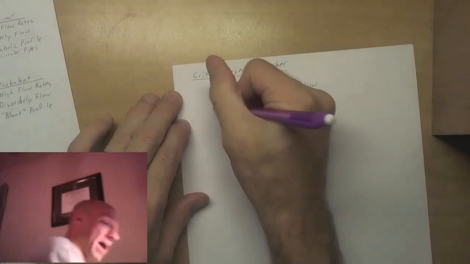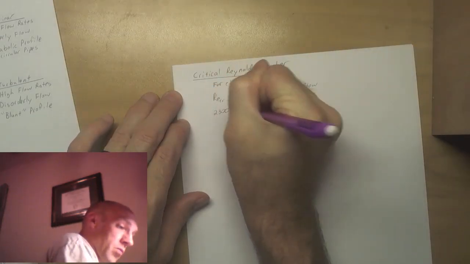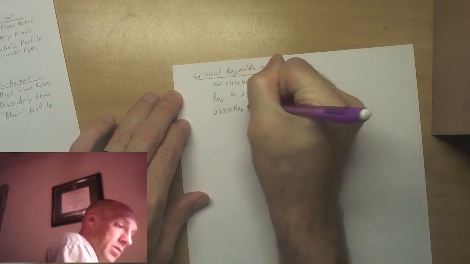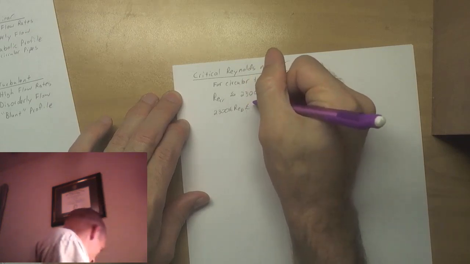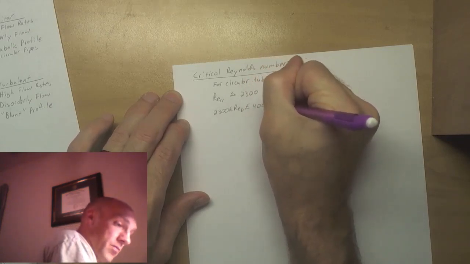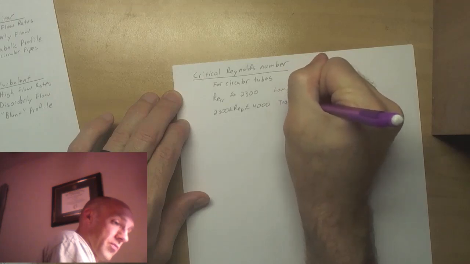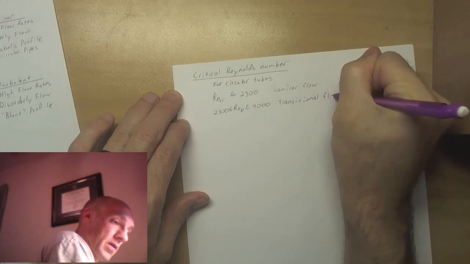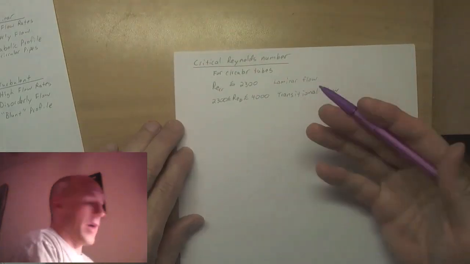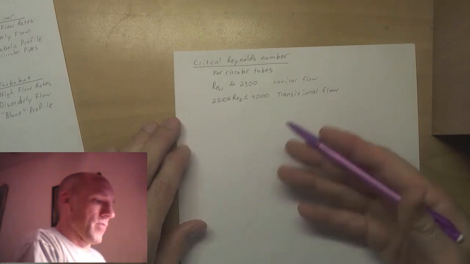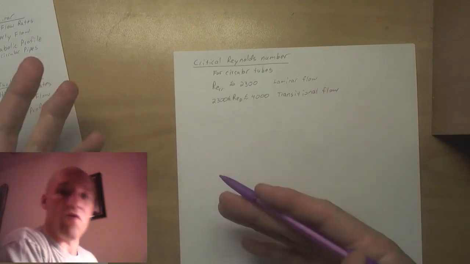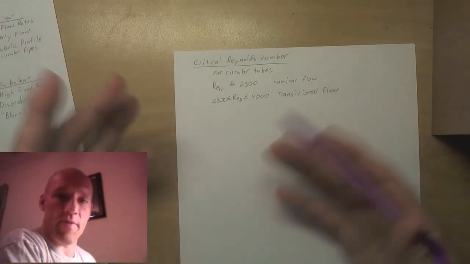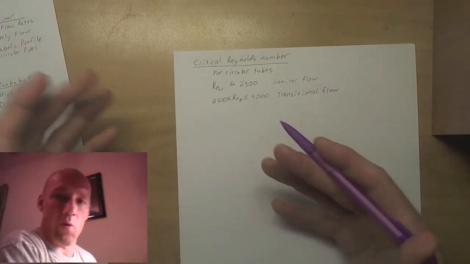Then between about 2300 and 4000, this is called transitional. Meaning that could be that situation where these perturbations will persist in some cases, and so you wind up going back and forth between laminar and turbulent, perhaps. You sort of oscillate between the two.